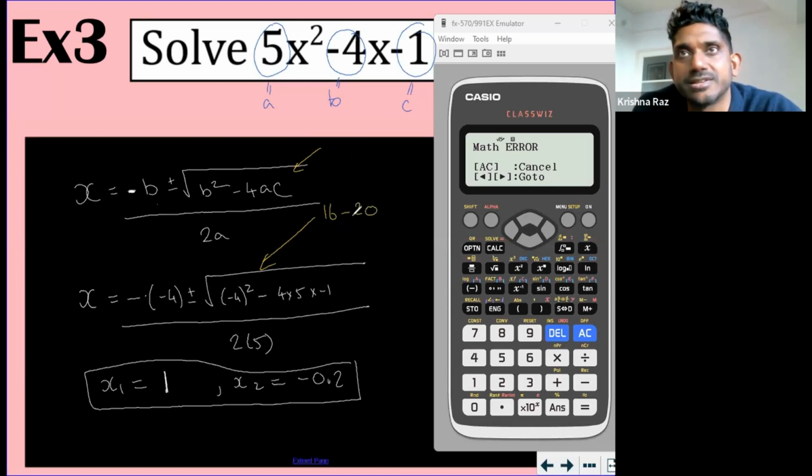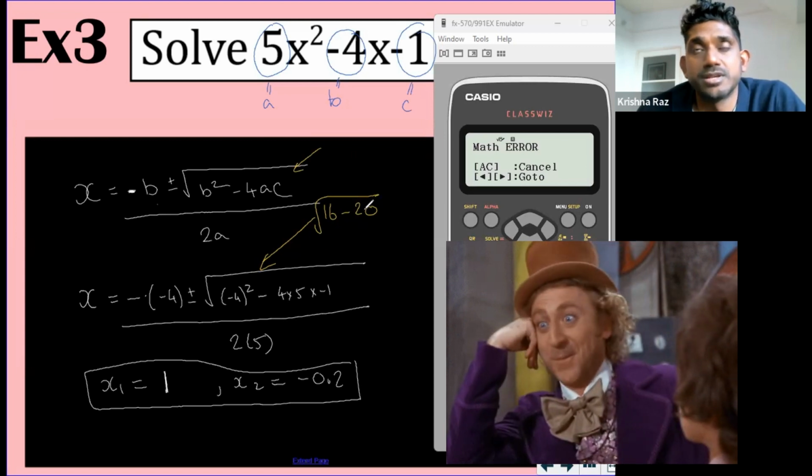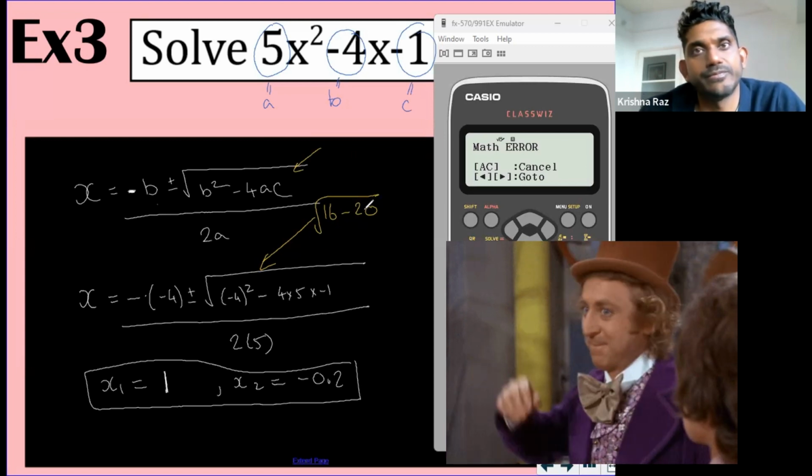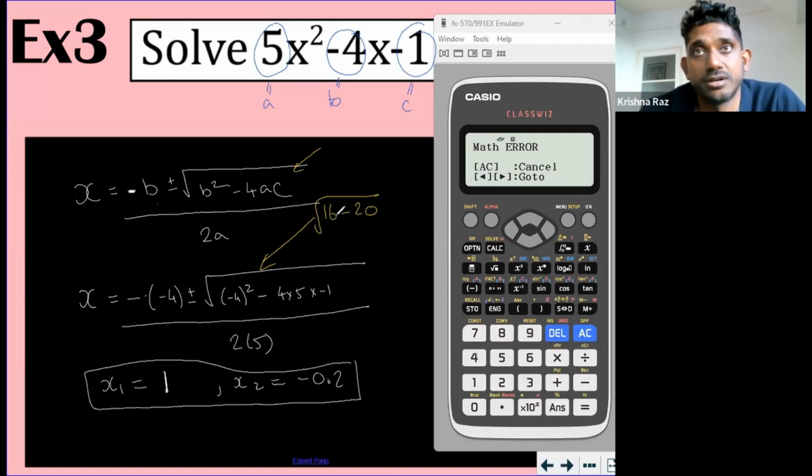So that gives us a negative number. And at GCSE level, we cannot square root a negative number. So you'll always get a math error. And if you get that, the chances are you've forgotten the minus sign.